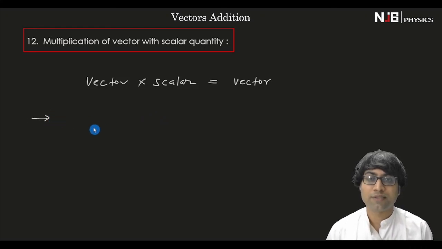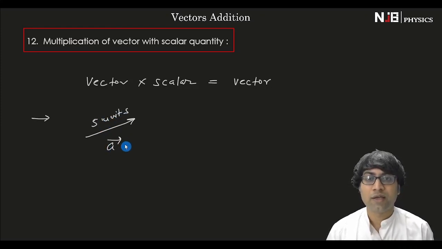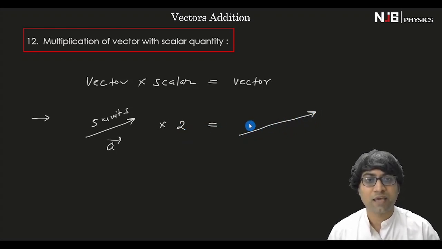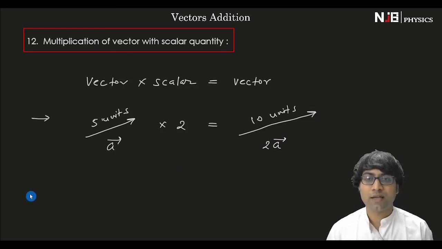For example, let's say we have this a vector quantity, and let's say its magnitude is 5 units. If you multiply this vector quantity by 2, then the direction remains the same and the magnitude becomes 10 units, and we denote it by 2 times a vector. Let's take another example.